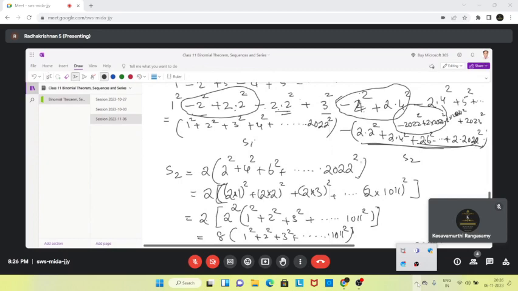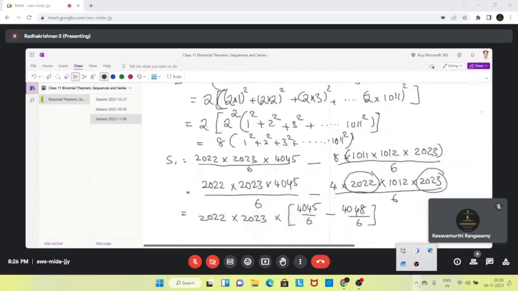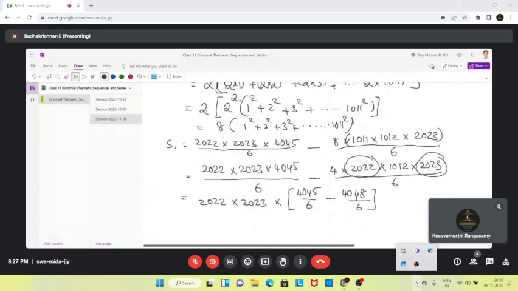This should be up to 2023. So 2023 is also there, right? So in the S1, if we include 2023 square, then it would have become 2023 into 2024.